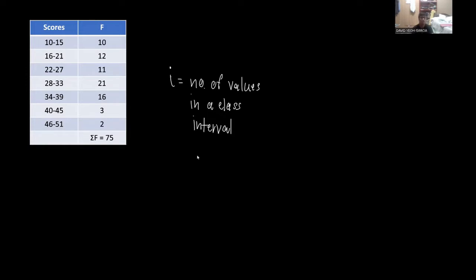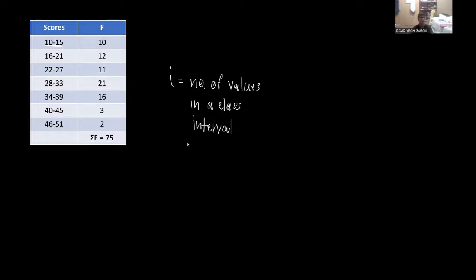The first way is just basic counting. Just pick any interval here, because I told you before that the number of values here is the same as the number of values in the other intervals. So I'll pick this interval, 10 to 15. I'll count from 10 to 15: 10, 11, 12, 13, 14, 15.